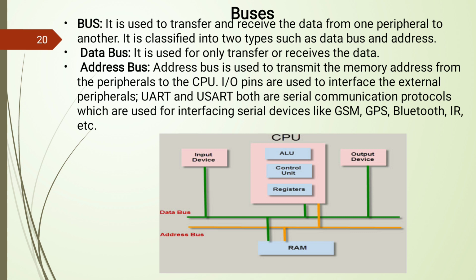So these are the major features of the architecture of the PIC18F4550 microcontroller. In this microcontroller, some features are added as compared to the earlier version, which is most important.